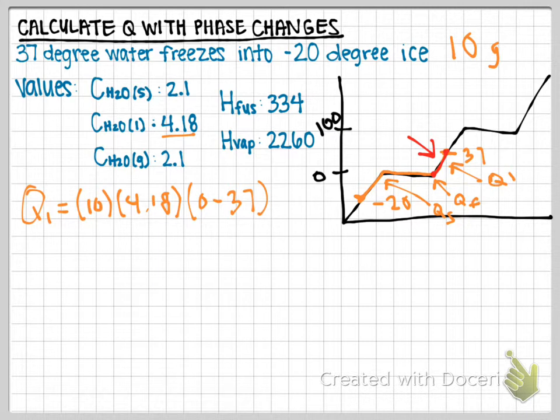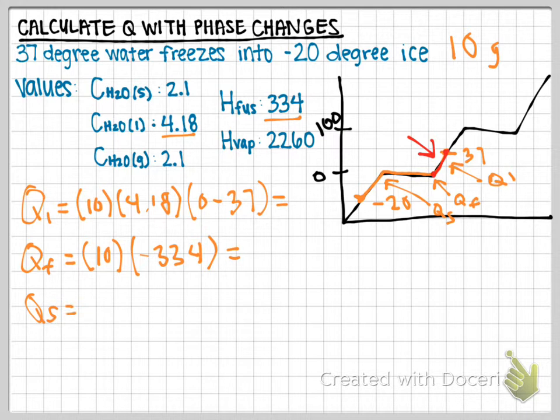Then you need your Q of fusion, which is the mass, 10 grams, times the heat of fusion, which is 334, but since we're going down, it's going to be negative 334. And last, you need your Q of your solid, which is your mass, 10 grams. Specific heat of water as a solid is 2.1.